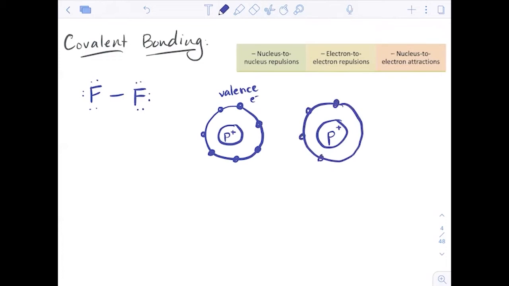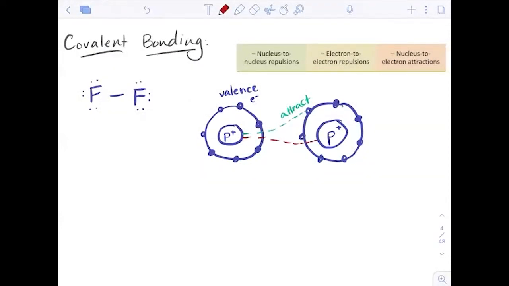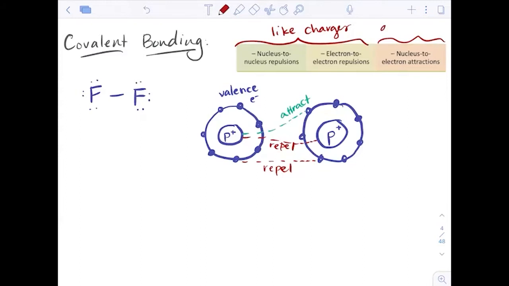Let's write out those little 7 dots for the valence. Now again, protons of one attracted to the electrons of the other, but there's also nuclei repulsion and electron repulsion. So we have to consider like charges repel, opposite charges attract.